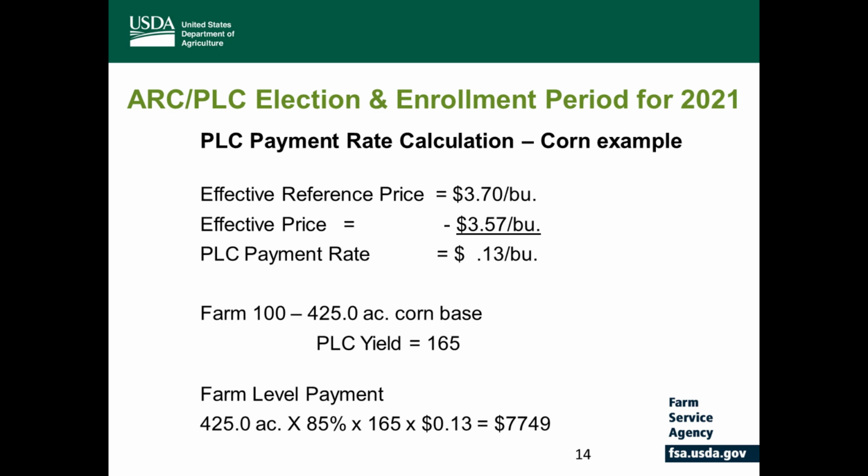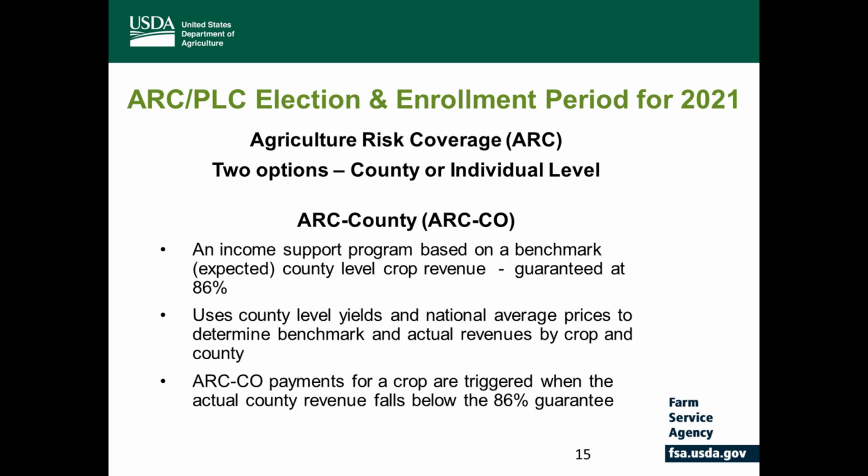So in this calculation, our payment acres are 425 acres of base times 85%, times 165, which is the PLC yield on the farm, times our payment rate of 13 cents, calculated to a payment for this farm for PLC on corn of $7,749.